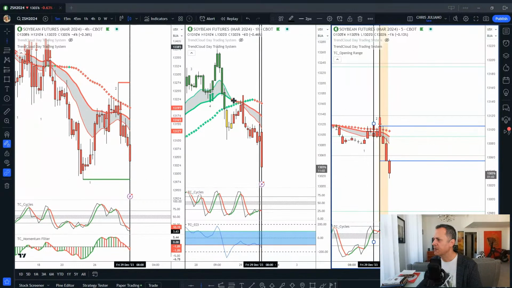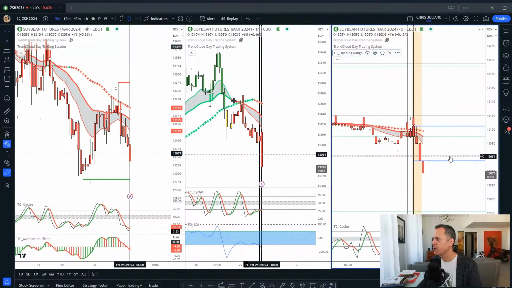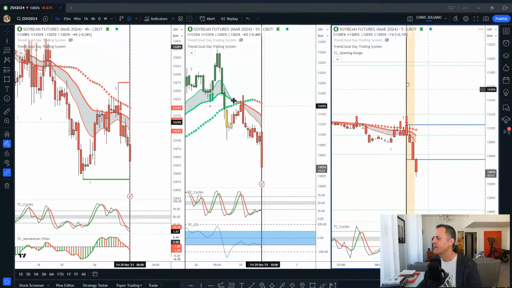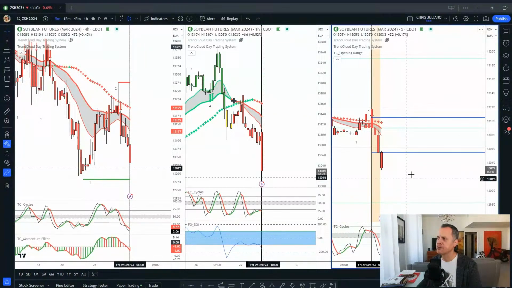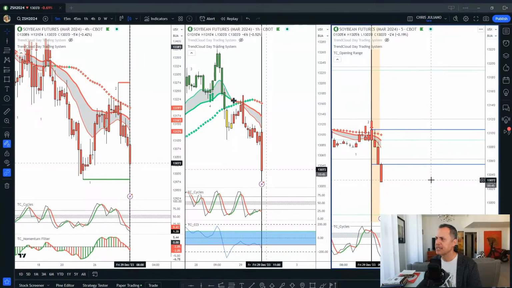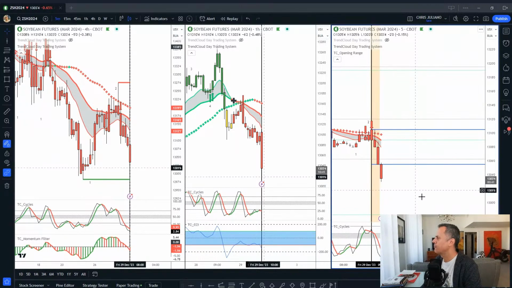We also get a signal right here. Both of those work, depending on where your stop loss is. It pulls back into the cloud, TrendCloud signals, push to the downside, and that's just taking off now. So, 5-minute TrendCloud arrow. Okay, excellent.